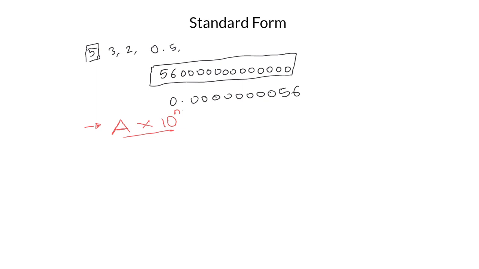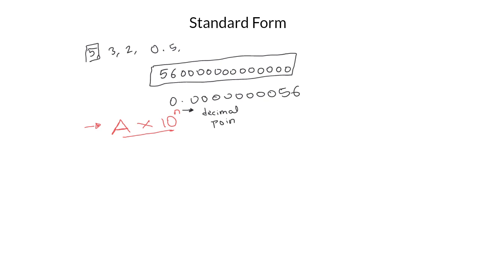Okay, so let me first start with n. This number is just the number of places the decimal point moves, and I'm going to be showing you that right away. So n is telling you about the decimal point. How many times are you moving the decimal point?